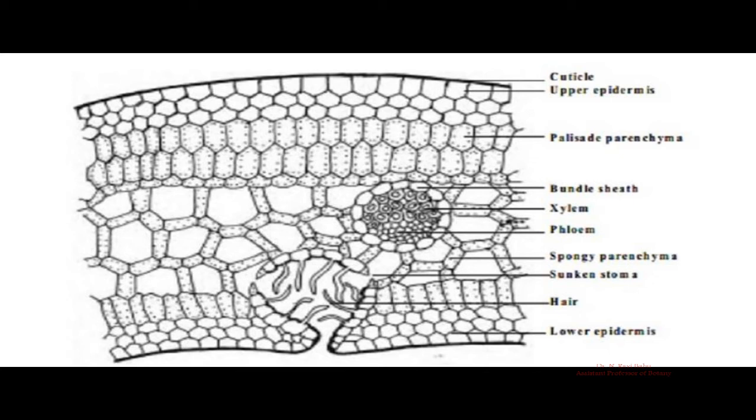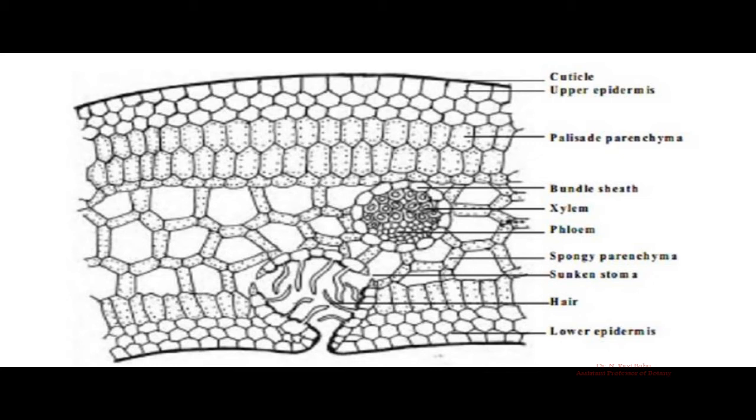Sunken stomata are stomata embedded in the structure, deeply located in the leaf surface, and that's why they are called sunken stomata. All these adaptations are only to check or control the rate of transpiration, right?